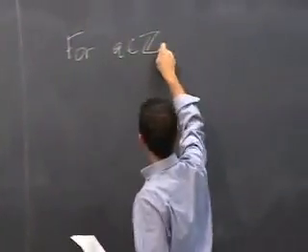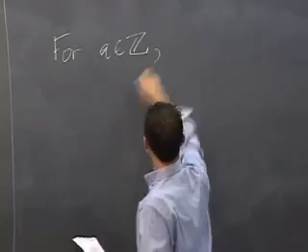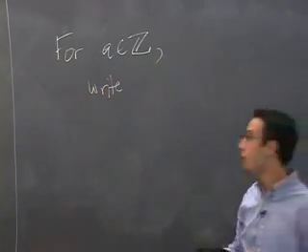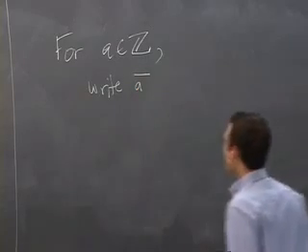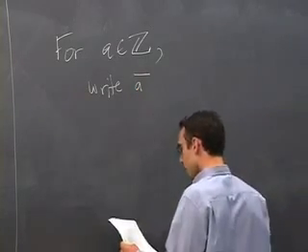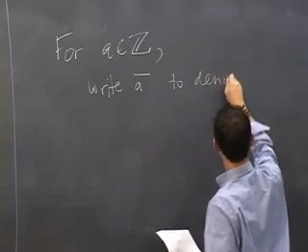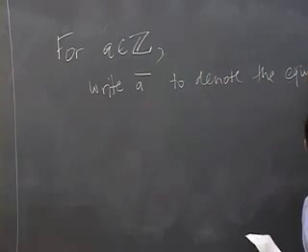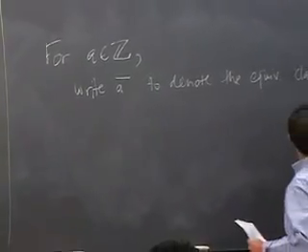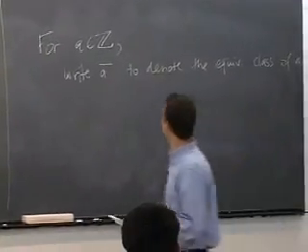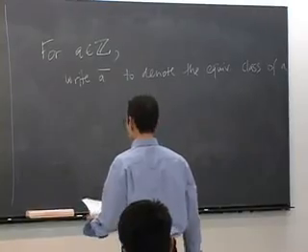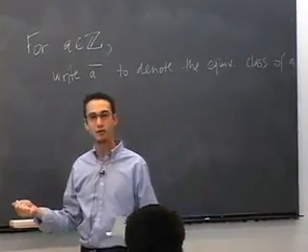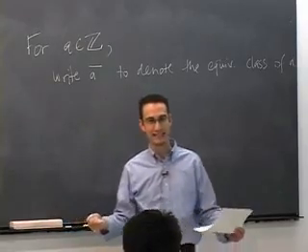So if I have an integer a, then at least for today, we're going to write a overline, a bar, to denote the equivalence class of a. And, well, what does a bar look like? What's a way of writing a bar down, just as an explicit set?